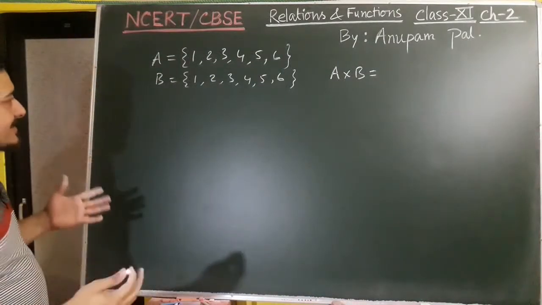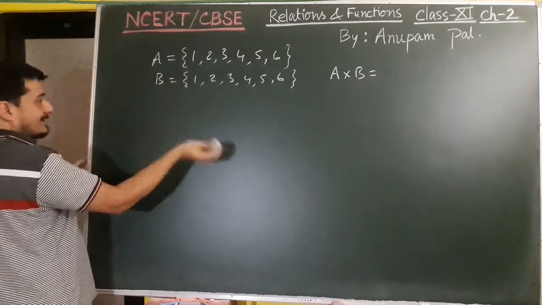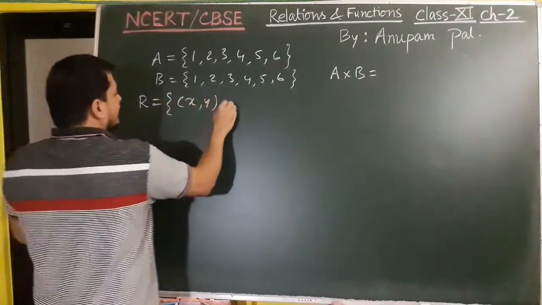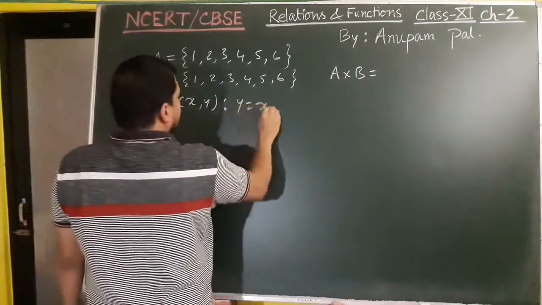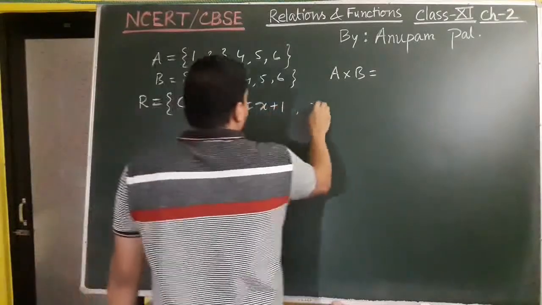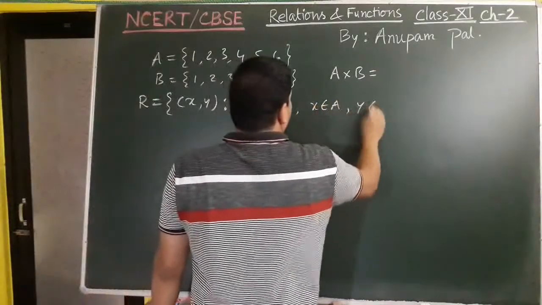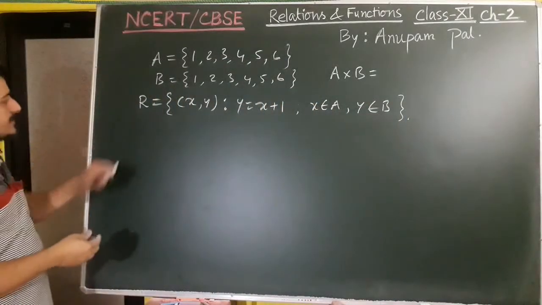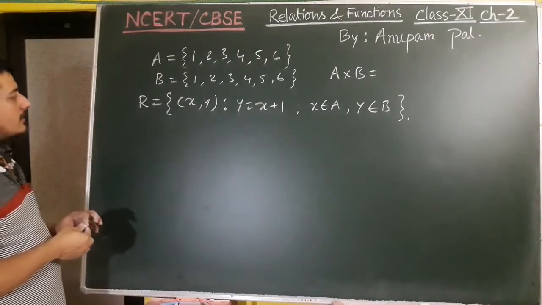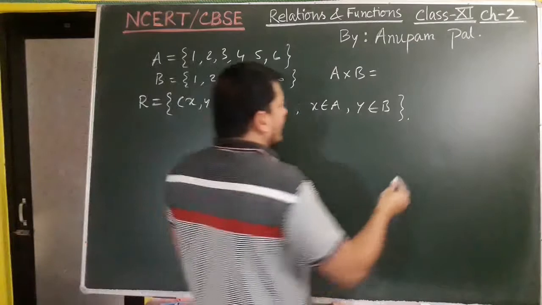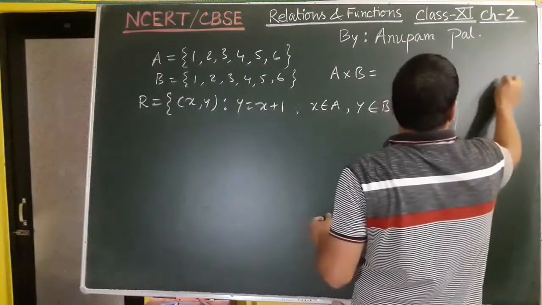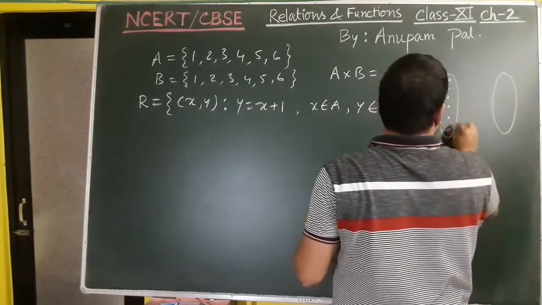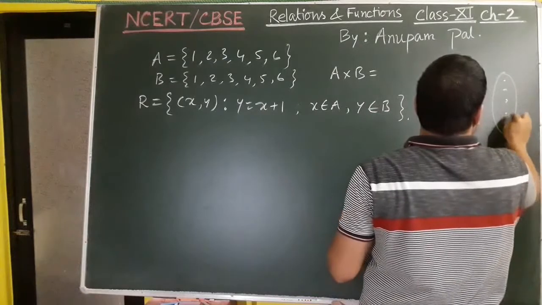The relation that I have shown you in the last example was something like this: (x, y) such that y is equal to x plus 1, where x is a member of set A and y is a member of set B. With the help of this, I have drawn one arrow diagram also: 1, 2, 3, 4, 5, 6 and 1, 2, 3, 4, 5, 6.